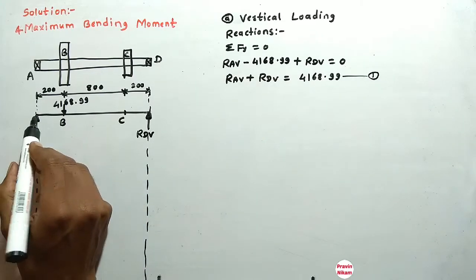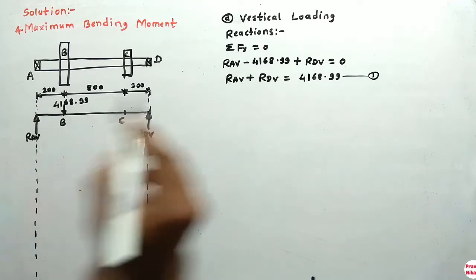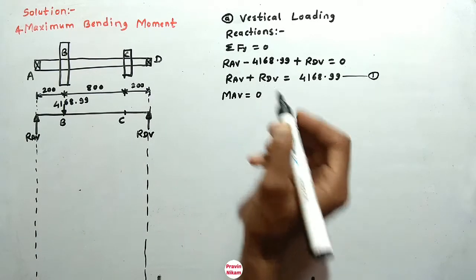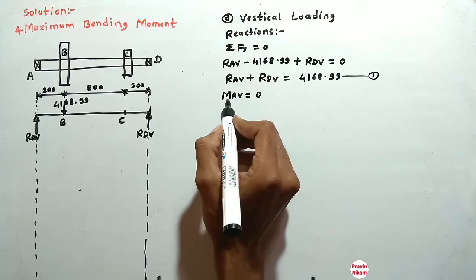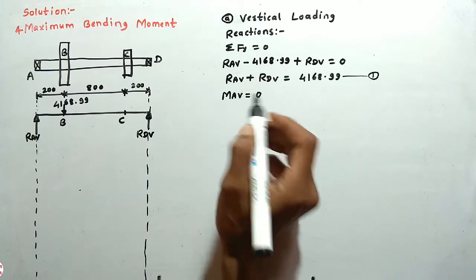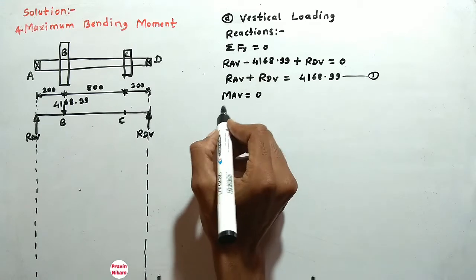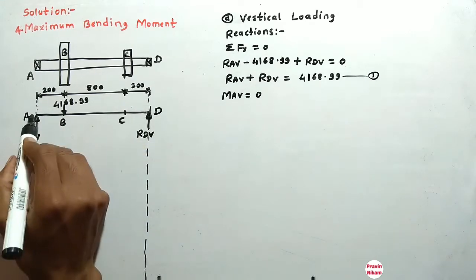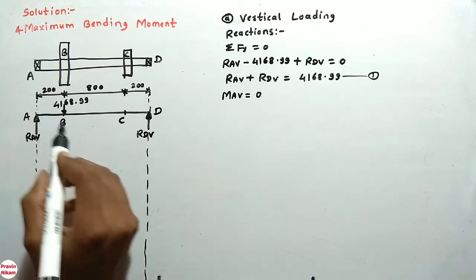Now we know that at this point the moment is 0. So MAV is equal to 0, meaning the moment at point A for vertical loading. This is point A, this is point D. So at point A the moment is 0.